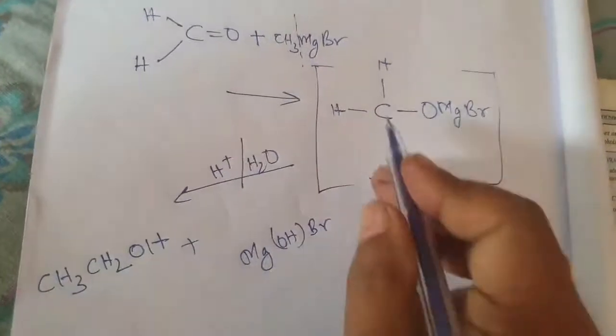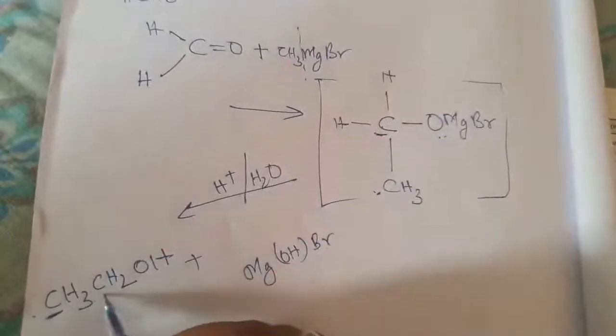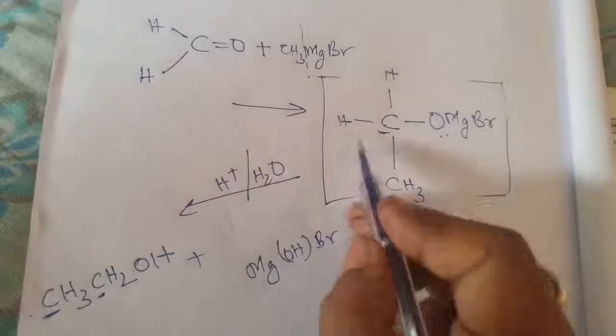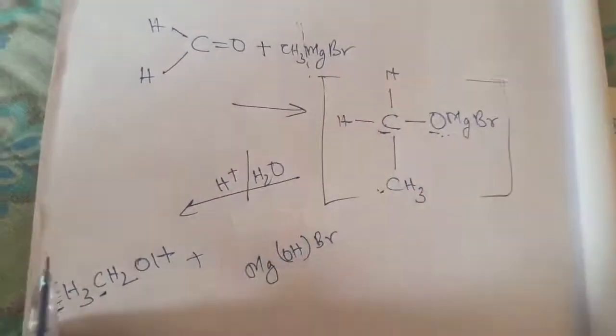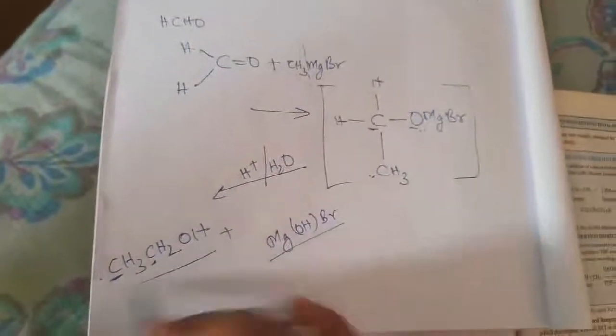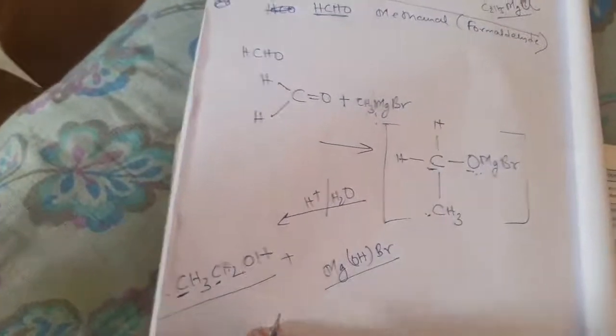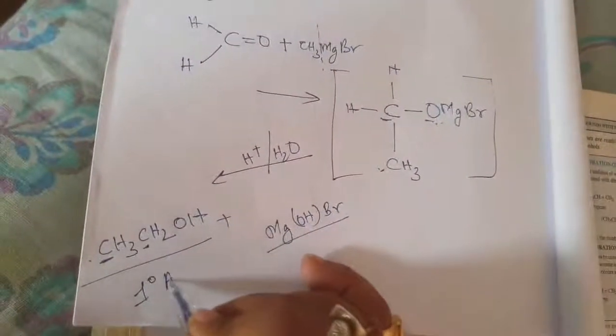So CH2, here you get OH. This C, this C. Understood? This C is this one, and CH2, and here you get an OH, and MgOHBr. So here you get the alcohol. What kind of alcohol is this? Primary, tertiary or secondary? This is definitely a primary alcohol.